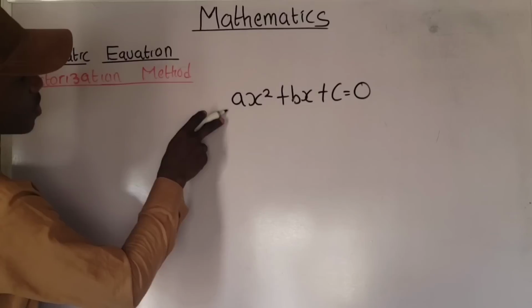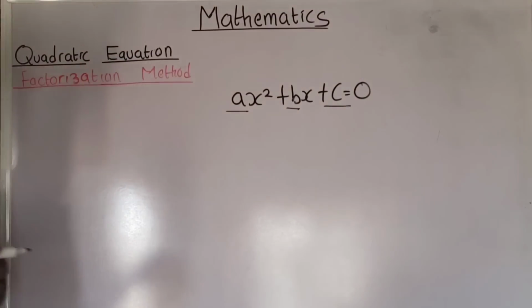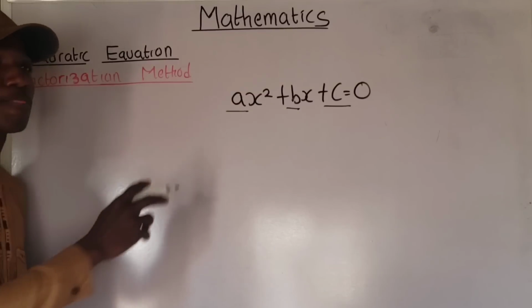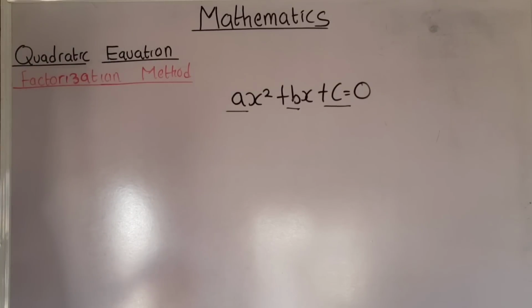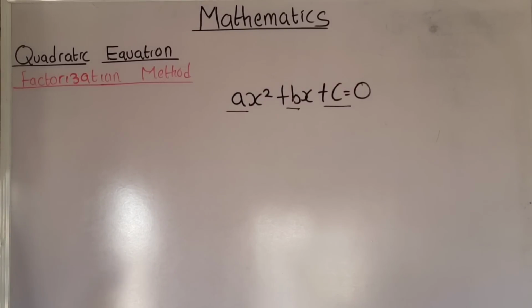In this quadratic equation, a is the first term, b is the second term, and c is the constant term. What we discussed in our previous class is the type where a is unity. A is unity simply means that the value of a is 1. But the type of quadratic equation that we're going to be factorizing in this class is the type where a is not 1. You understand? A is not unity.